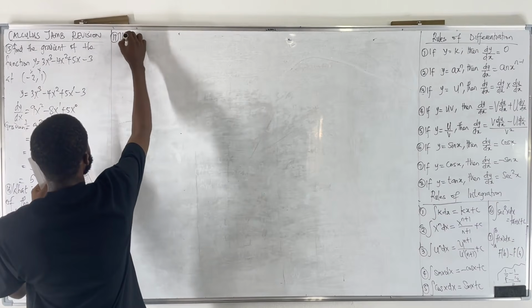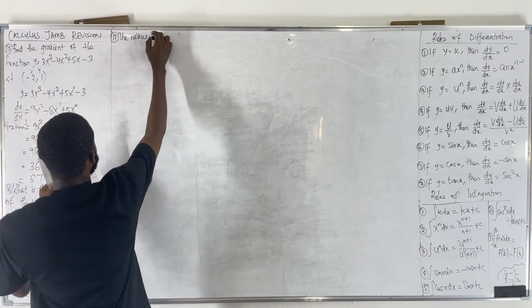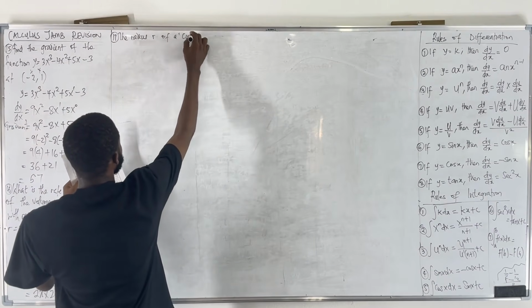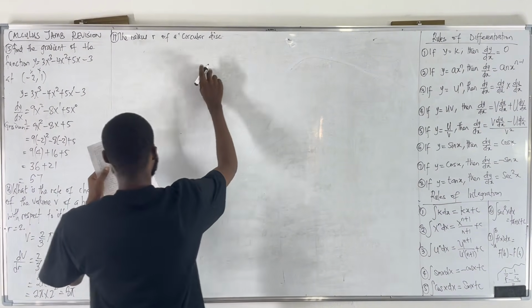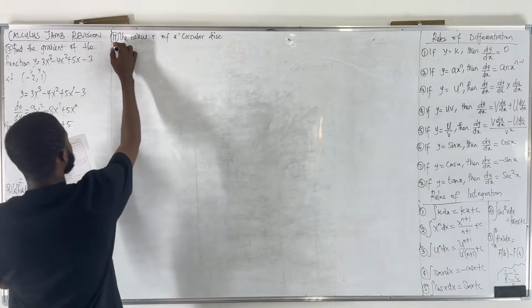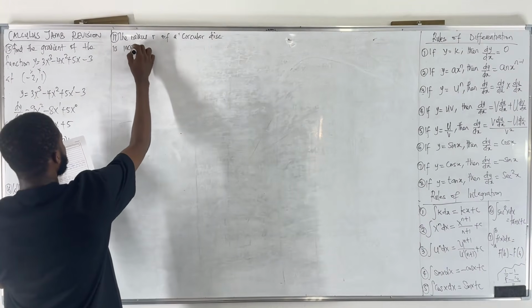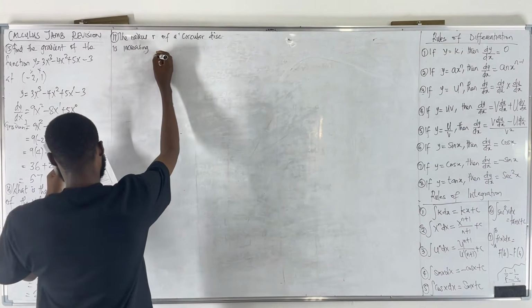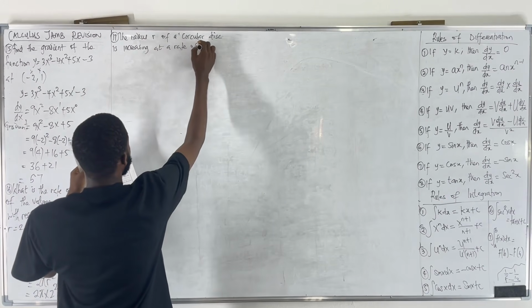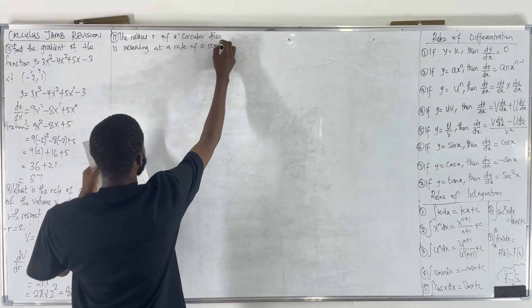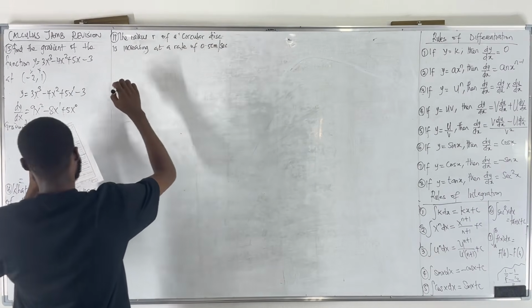The radius r of a circular disc is increasing at a rate of 0.5 centimeter per second. Full stop.